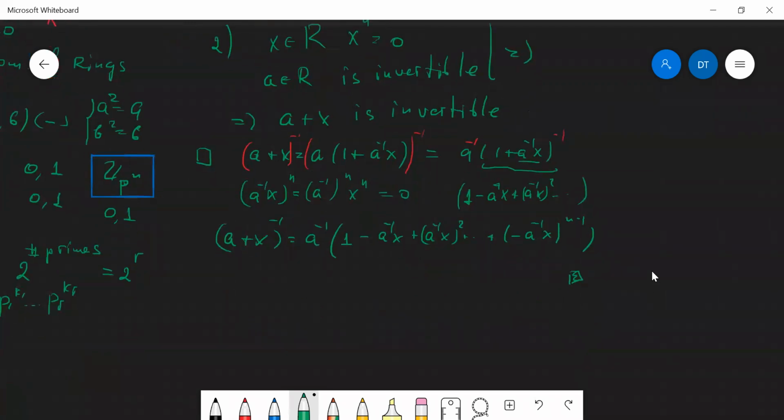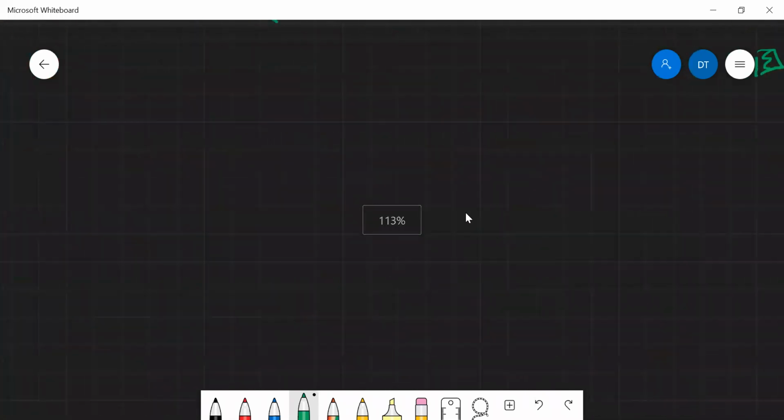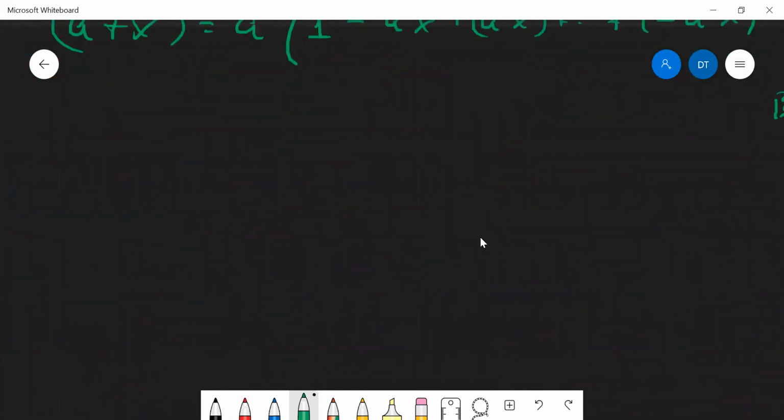Let me show you the next problem related to this property. Let's consider the ring Z9[x], the polynomials with coefficients in Z9. Just in case, what are polynomials?